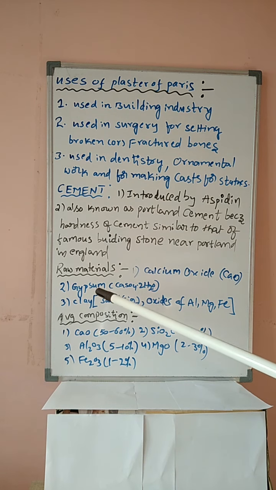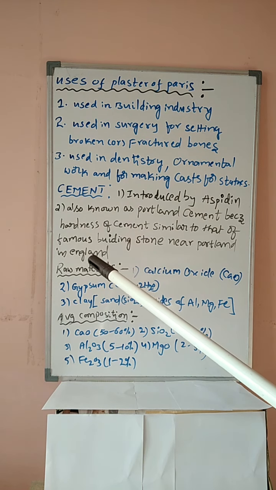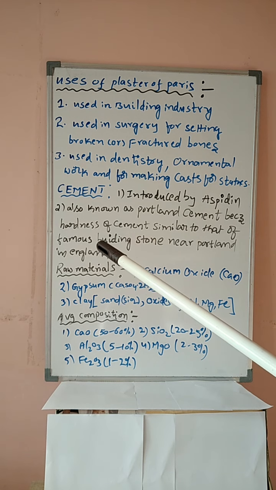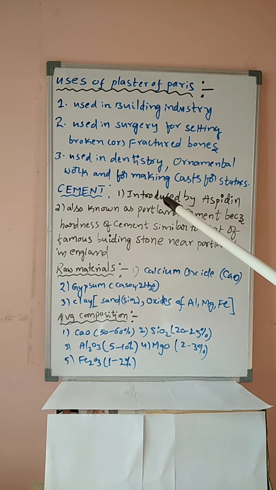Next, one of the important compounds from a competitive point of view is cement. Cement was introduced by the scientist Aspidin.